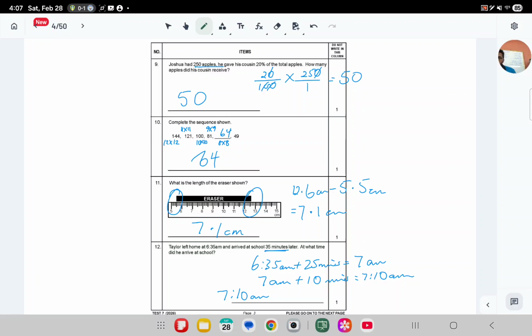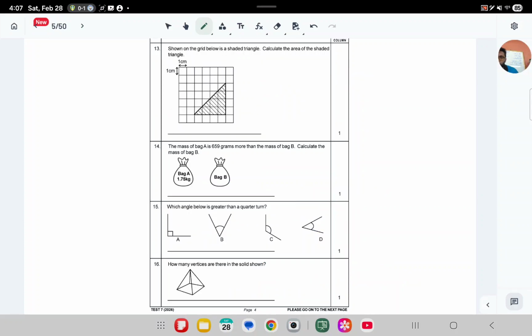Alright, number 13, shown on the grid below is a shaded triangle. Calculate the area of this shaded triangle. So we know one side of the squares forming the grid is 1 centimeter. So the area of one of these squares would be 1 by 1, which is 1 centimeter squared.